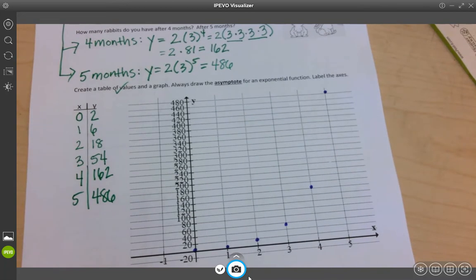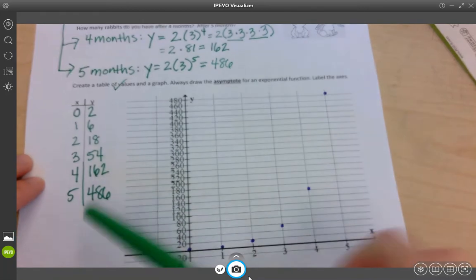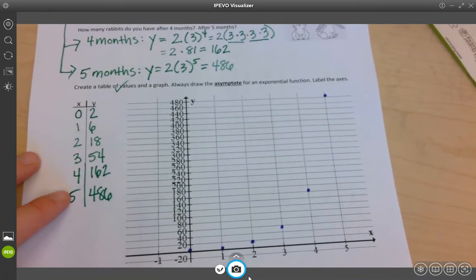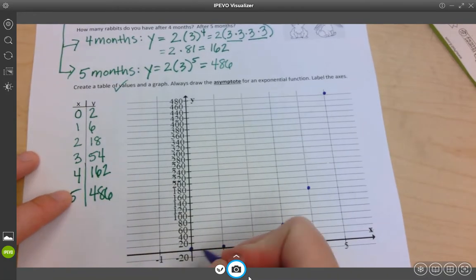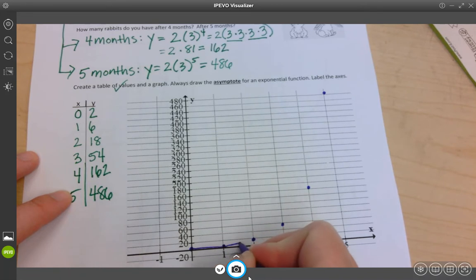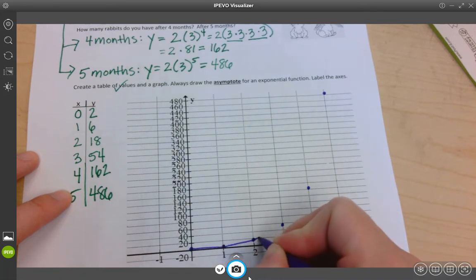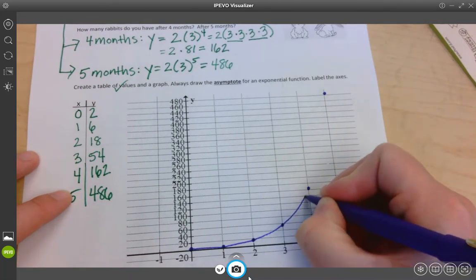All right, so you can kind of see that exponential growth. Really nice in that picture. I just graphed these points right here. And you're going to sketch the curve. Try to make it curved. It's not like a series of lines.